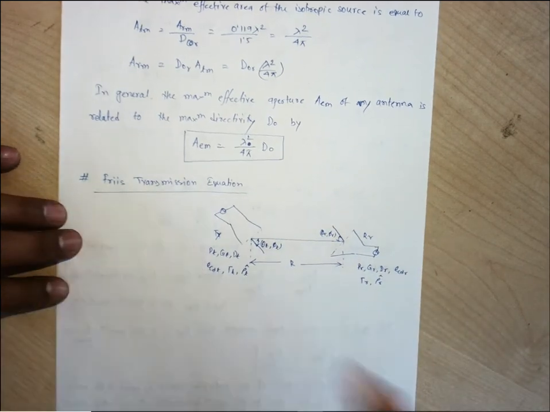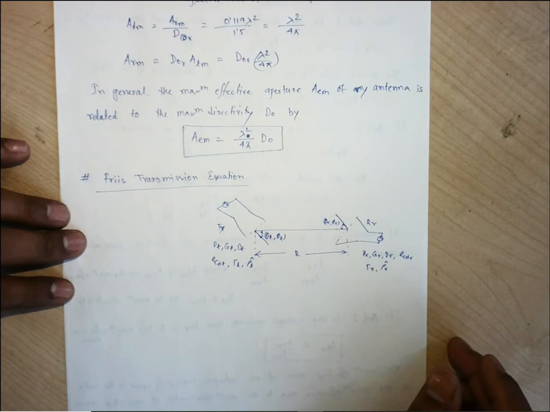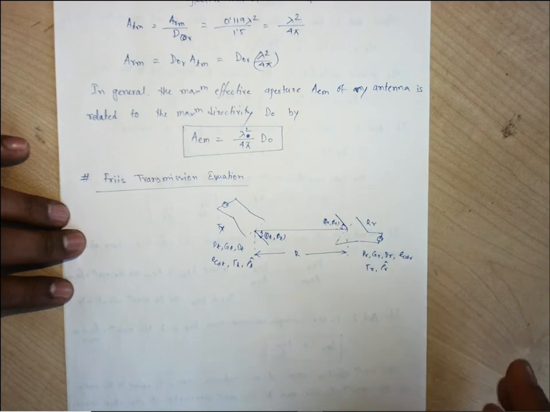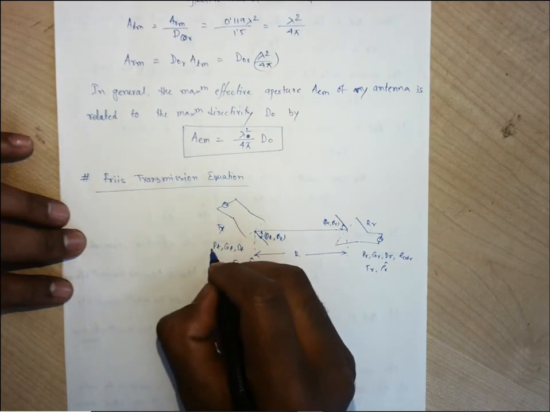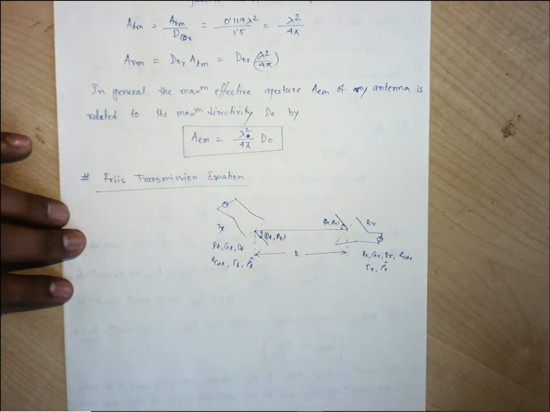So what does this Friis transmission equation state? It relates the power received to the power transmitted by two different antennas. It relates the amount of power which is transmitted and the amount of power which is received by two different antennas.